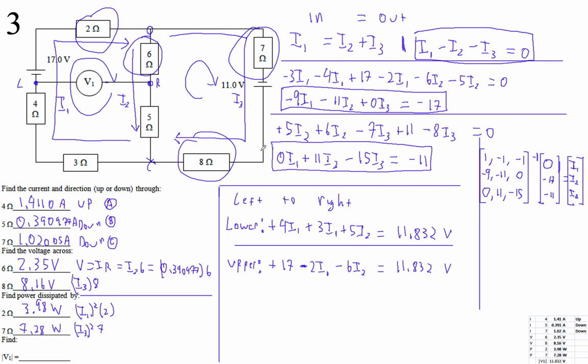And by the way, we know that this side's more positive than this side. This side is a higher potential than this side. We know that. We know so much. All right. So this is what, 11.8? All right.